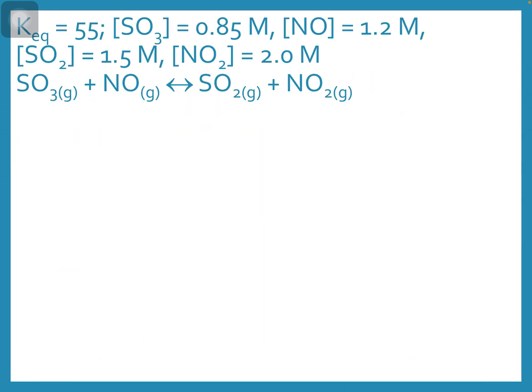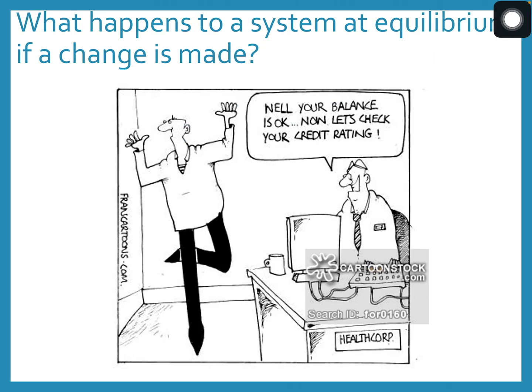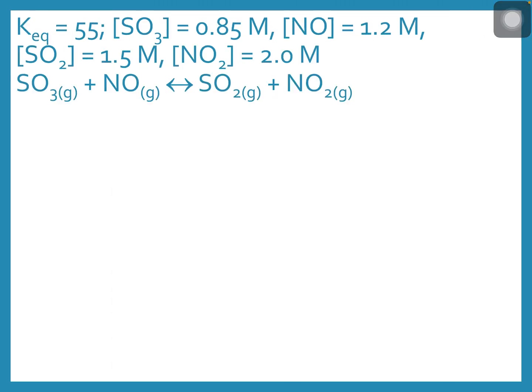Here are all our concentrations and the equilibrium constant from before, as well as our equation, which is balanced. Our QEQ is set up the same as KEQ. I have my products first, SO2 and NO2.